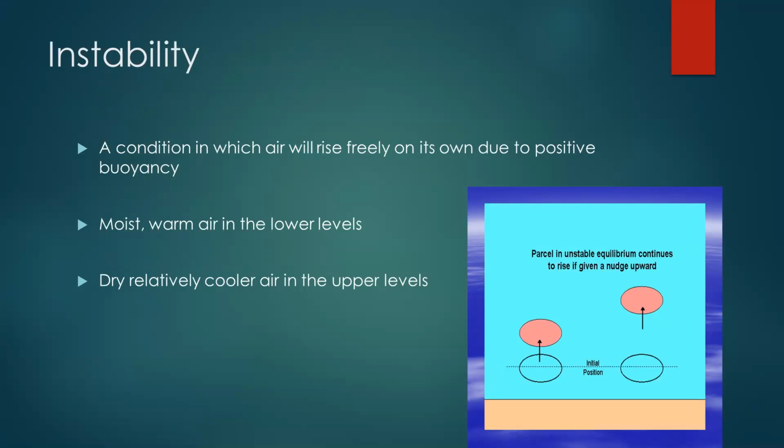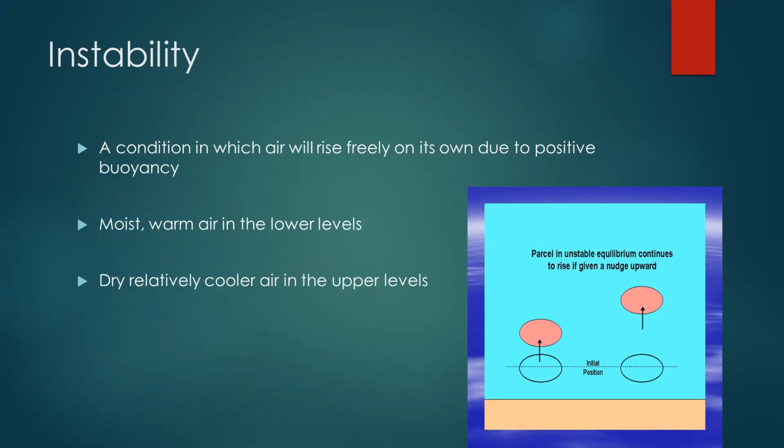And then it really depends upon the temperature of the air parcel as compared to the air around it. So if it's cooler than the air around it, it'll sink back down to its initial position, and that's not favorable for thunderstorm development. But if it's warmer than the surrounding environmental air, then it will be unstable and it will continue to move upward. And that's what we mean by instability.